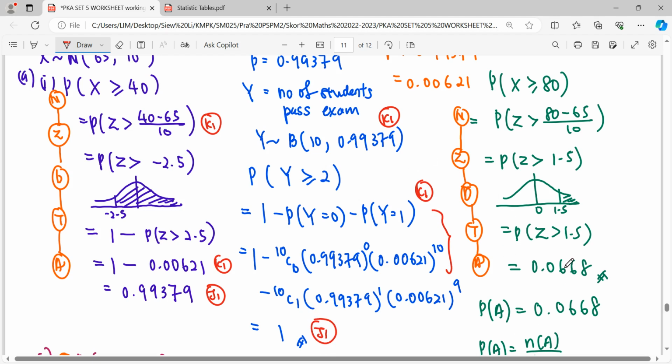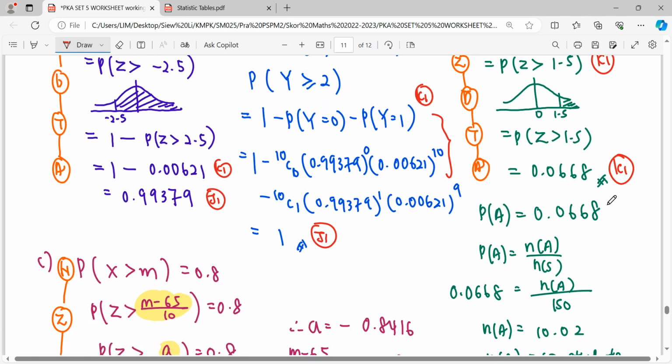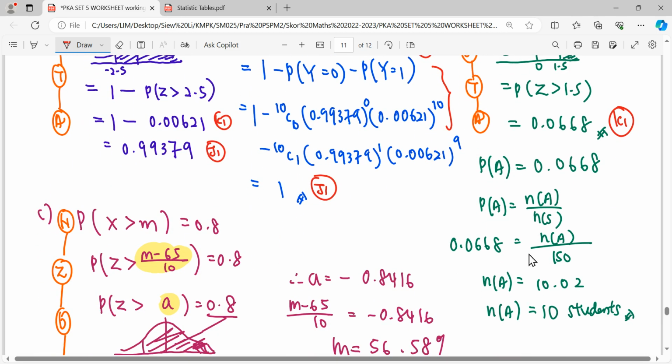Then when we come to question B, same concept where we want to see how you get your z-score. Then you read from the table, then multiply back to the sample space to get 10 students here.